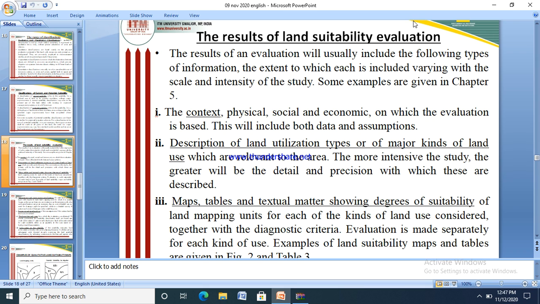Description of land utilization types, meaning the kinds of land use which are relevant to the area. The more intensive the study, the greater will be the detail and precision with which these are described.